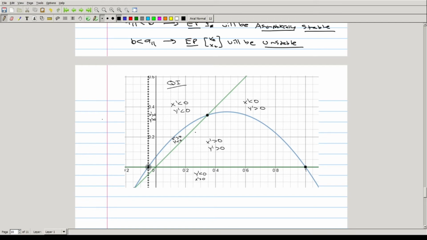Inside quadrant 1 we have a region where the solution is positively invariant. Because x prime is negative here and y prime is negative here, the solution direction will be like this.